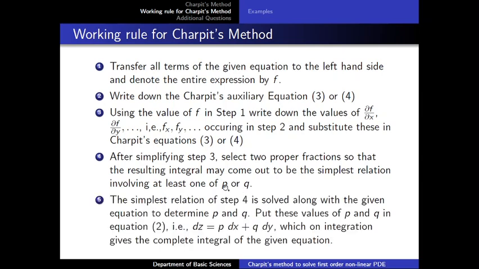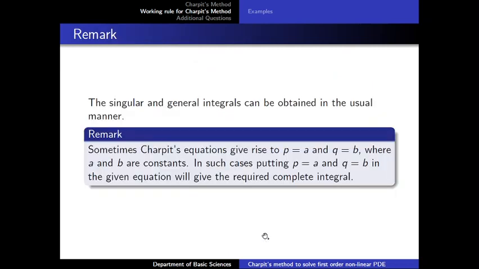Then after getting the values of p and q, we will substitute them in the expression dz equal to p dx plus q dy. Then we integrate to get the solution z as a function of x and y. The singular and general integrals can be obtained in the usual manner.